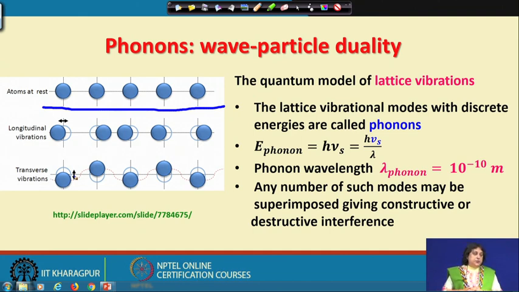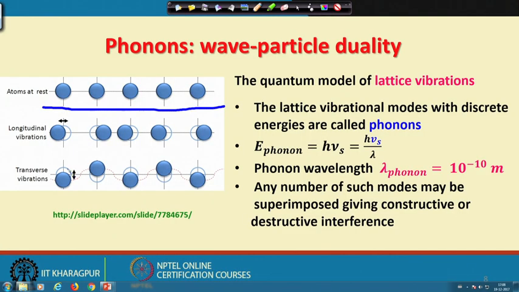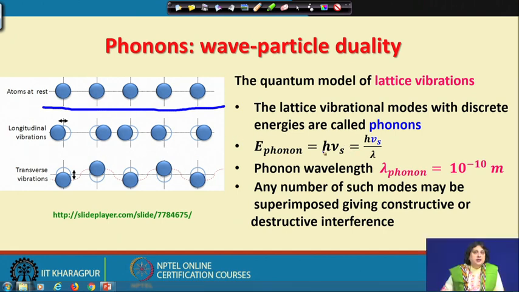Now, it has been proposed that these vibrational modes that are generated by coupled vibrations of the different atoms in these lattices, these are quantized, and these quantized modes of vibration of a solid are known as phonons. Now, if you look at the energy of a phonon mode, then it is once again given by the Planck's constant multiplied by the frequency of the phonon mode.